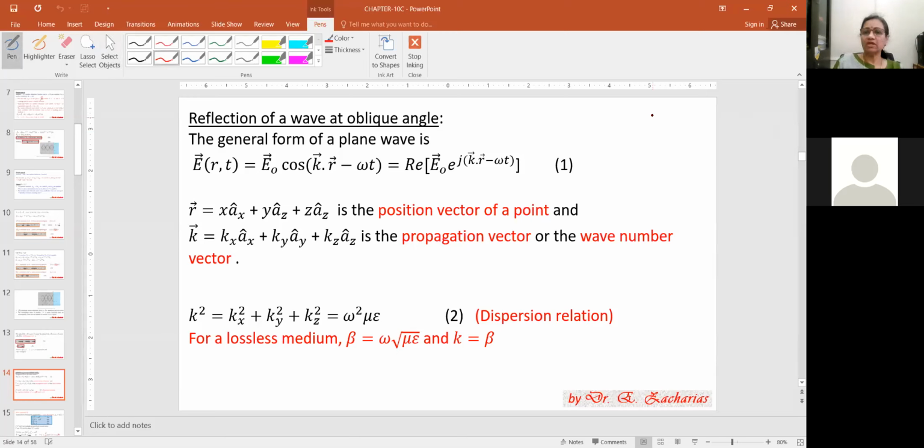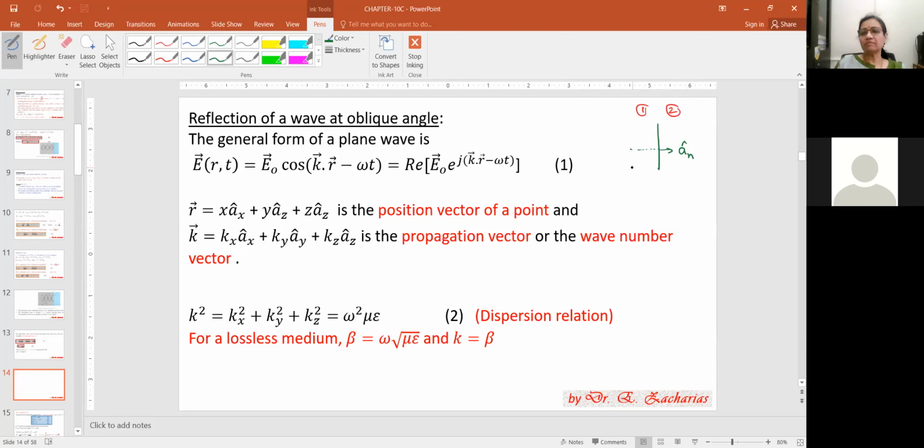What is the meaning? If I have a medium 1 and a medium 2, here is my interface between medium 1 and 2. Let this be the normal, a_n cap.